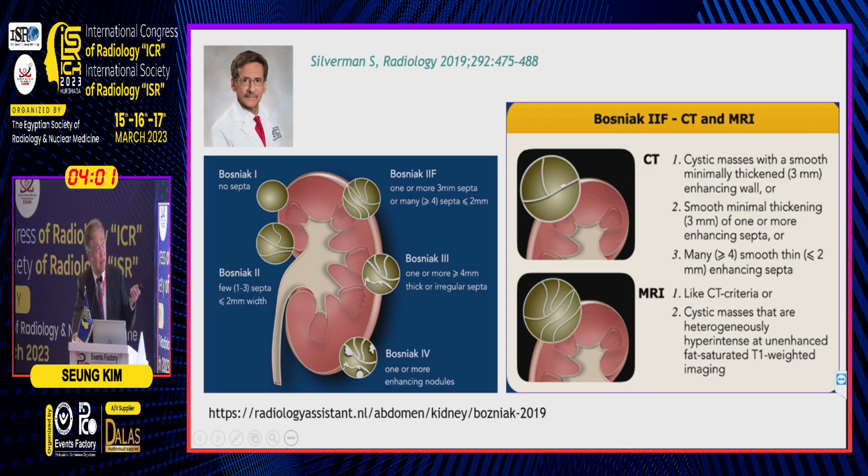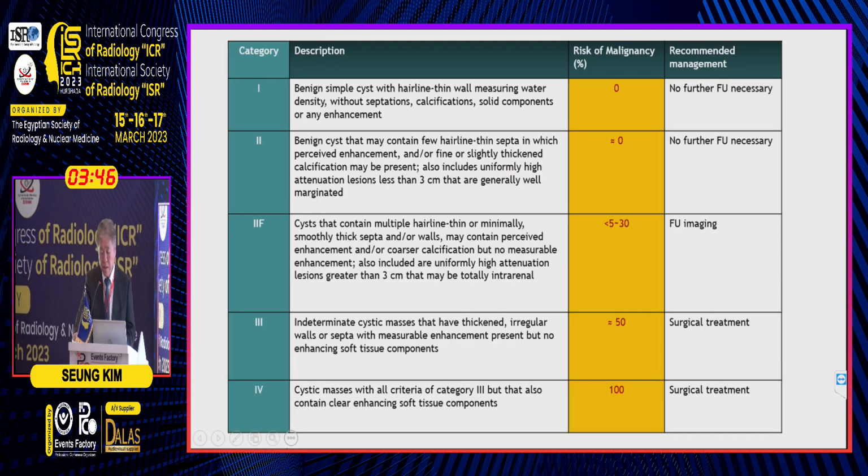And this is the last update in 2019 by Dr. Silverman, and he introduced the MRI findings here, and he described in more detail the thickness of the septum, but basically it is the same. The important thing is the risk of malignancy.